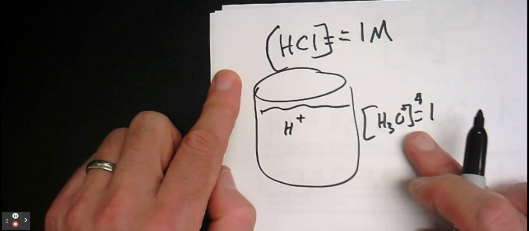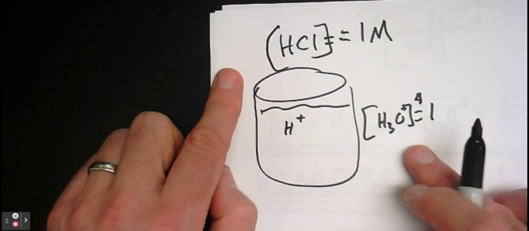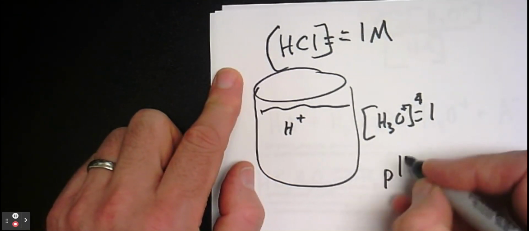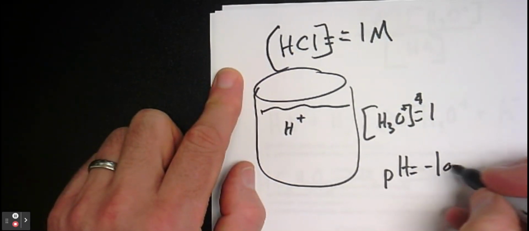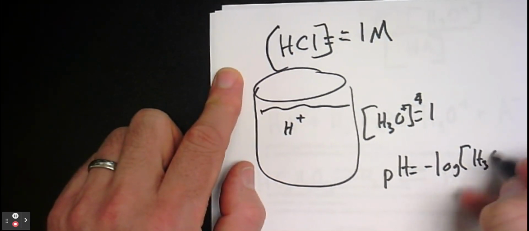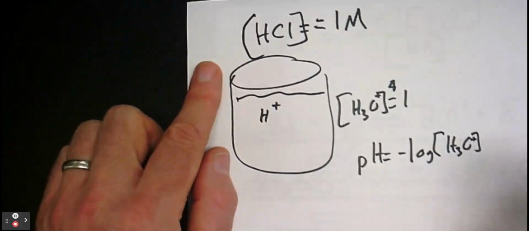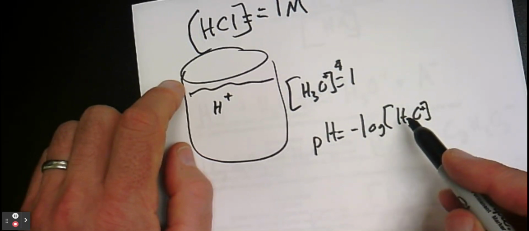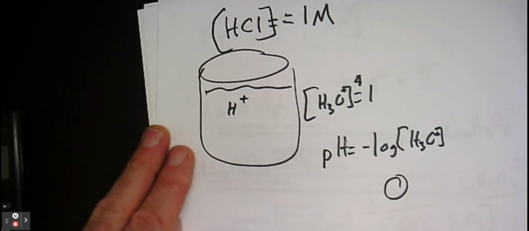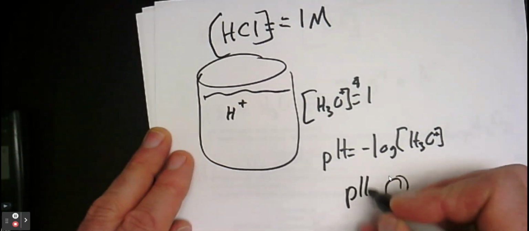Therefore, the pH would be equal to 0, because the log of 1 is 0. The pH, the negative log of the concentration, is 0. So the pH is 0.